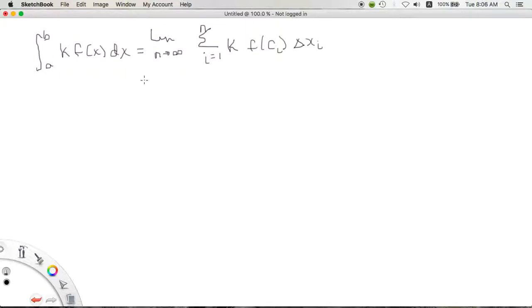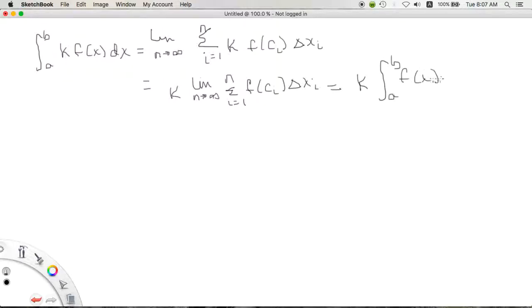And we know with our limit rules on page 67 that means we can pull this constant out. Which means that when you have an integral, you can pull the constant out front. So this is a constant rule.